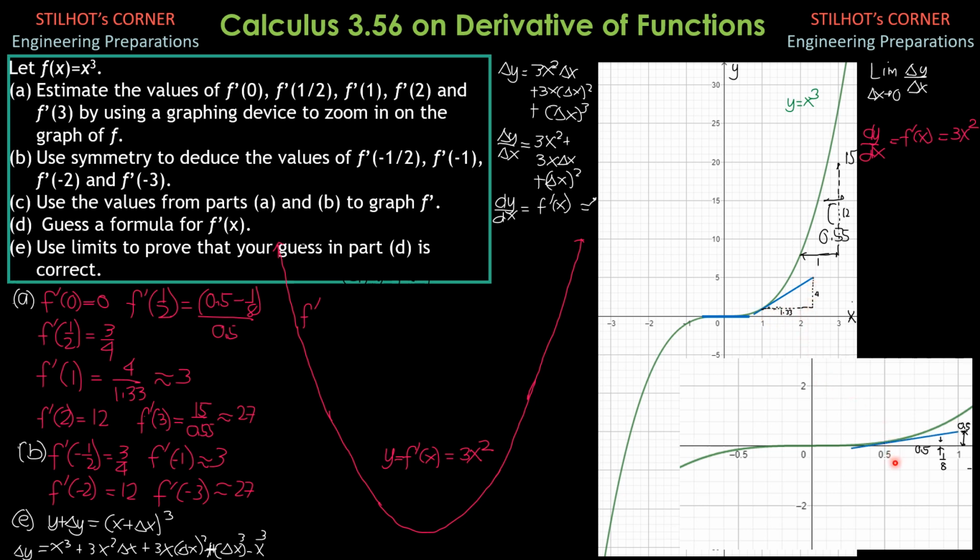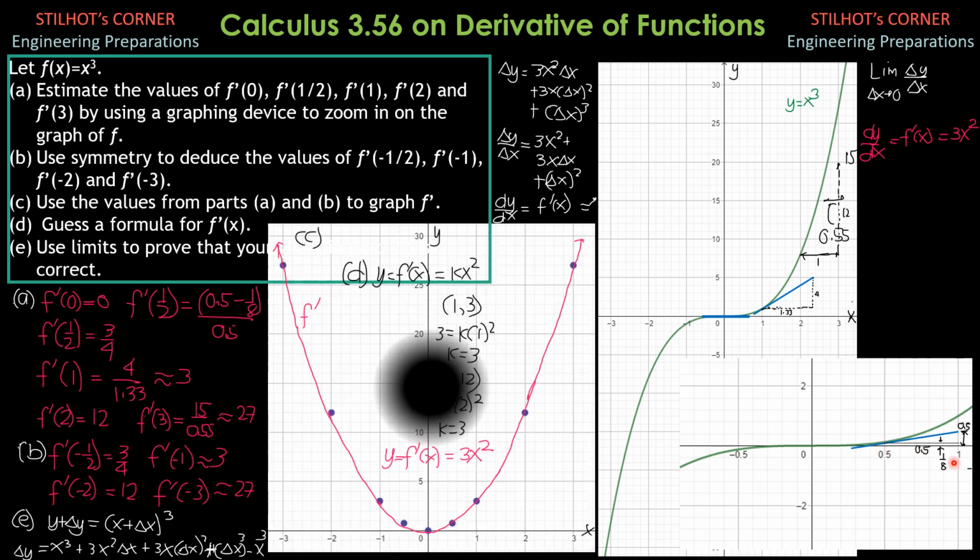So at 1 half, 0.5, we have 1/8 for y because 1 half quantity cubed is 1/8. Then it intersects with this, which is estimated to be 0.5, and the horizontal is 0.5.